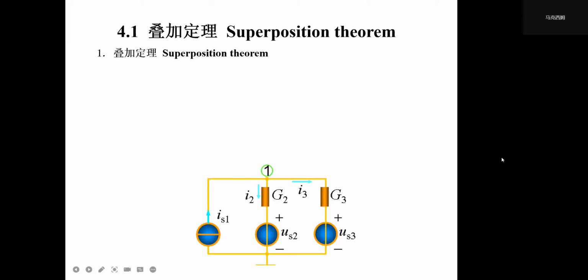Superposition is a nature or characteristic especially useful for linear systems. We know that a linear system must have this feature. Otherwise, it's not a linear system; it's called a nonlinear system.